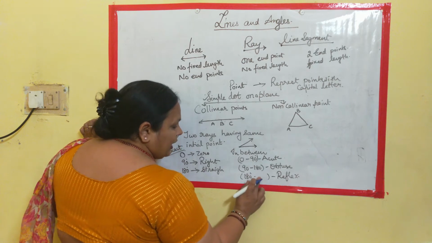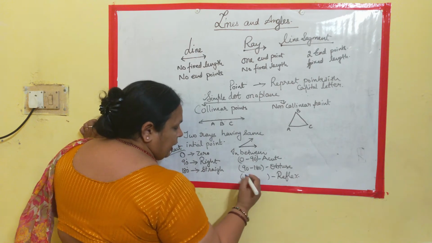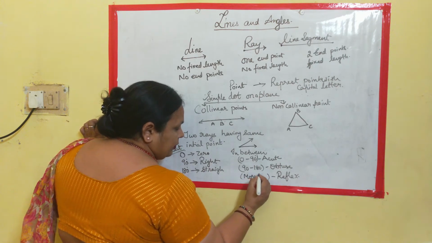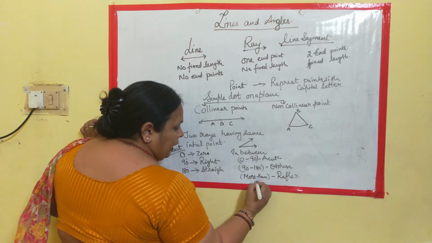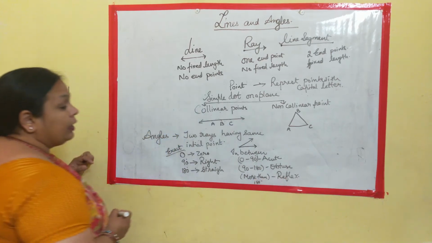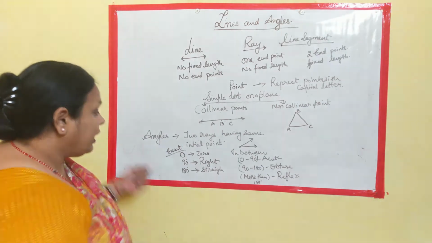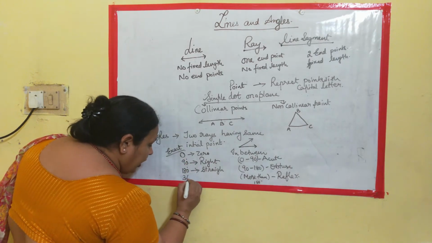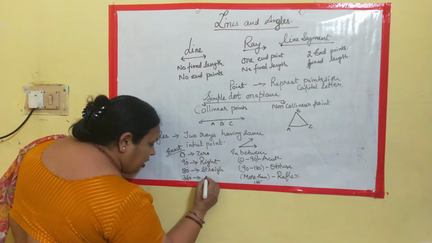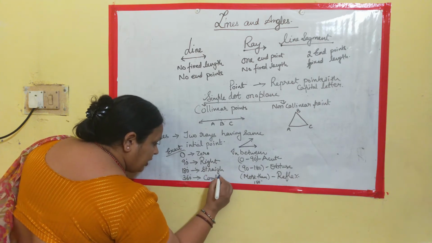This is less than that, okay? More than 180 is your reflex angle. When we talk of exact angles, we have one more: exact 360 degrees is called a complete angle.